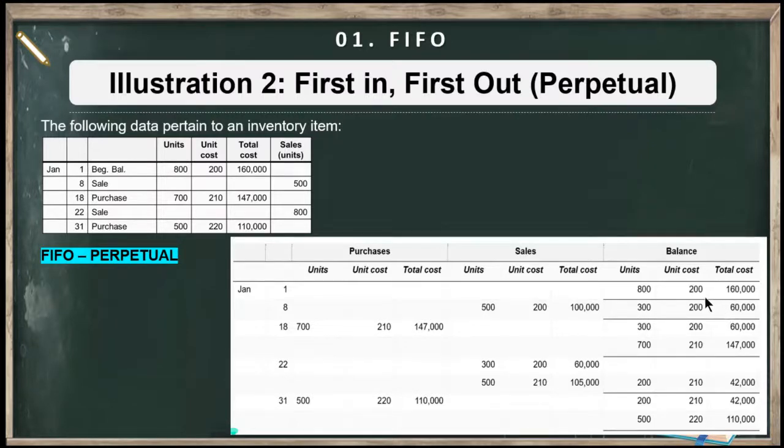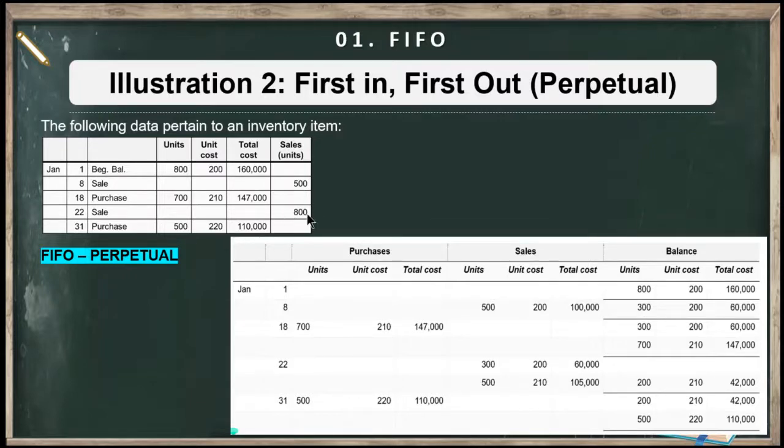So copy 300, then 200, and we're going to add the new item, the recent purchase of 700 times 210, total of 147,000. Next we have a sale of 800 units.